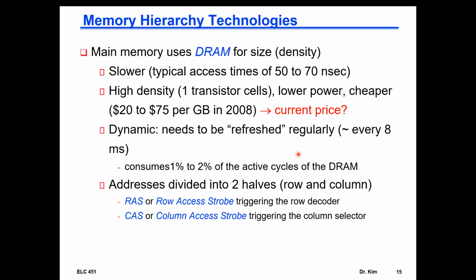So normally, DRAM needs to be refreshed about every 8 milliseconds, and this consumes about 1 to 2% of the actual activity of the DRAM. So it's a relatively low overhead, but the main thing is that it's slow.